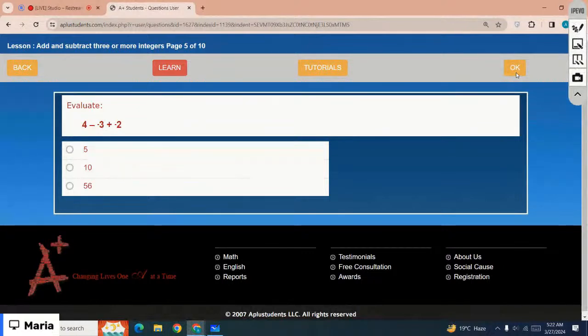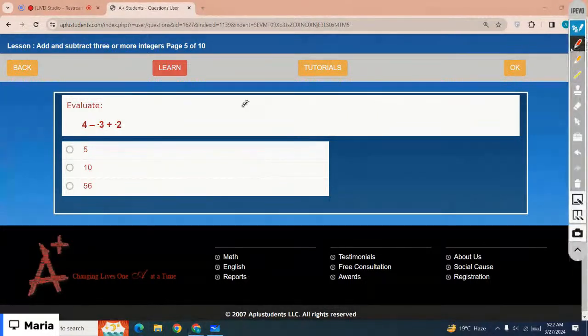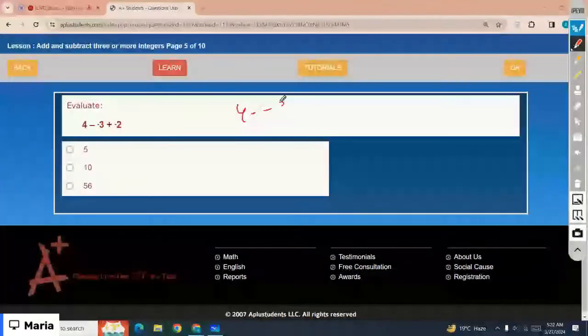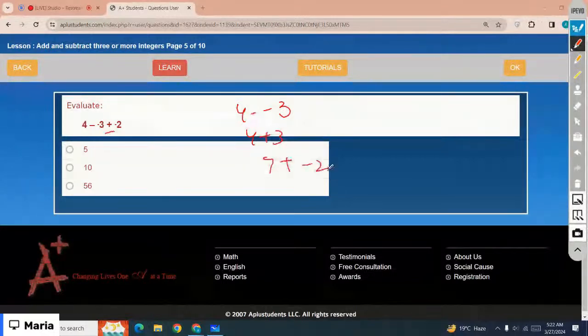The next one is 4 minus negative 3 plus negative 2. You have to evaluate 4 minus negative 3 first. Subtracting a negative integer is the same as adding, right? So 4 plus 3 is 7. Now add the last one, plus negative 2. Adding a negative integer is the same as subtracting.